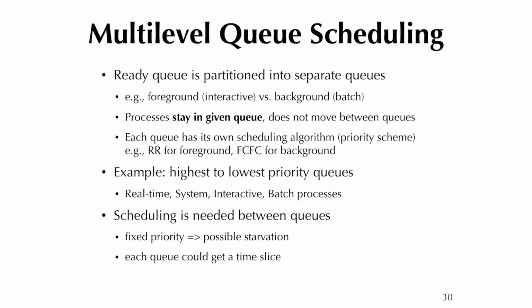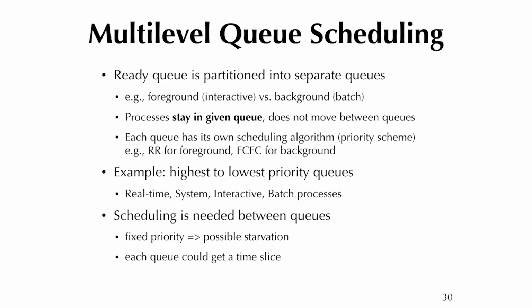But you do need some way of defining the scheduling policy between queues. In other words, when do you get to run each queue? So you could do the fixed priority way, in that the real-time one always gets the highest priority. Is that going to work? Well, yeah, that might serve the purpose of real time, but then what about the other ones? Could they possibly starve? Well, yeah, they could.